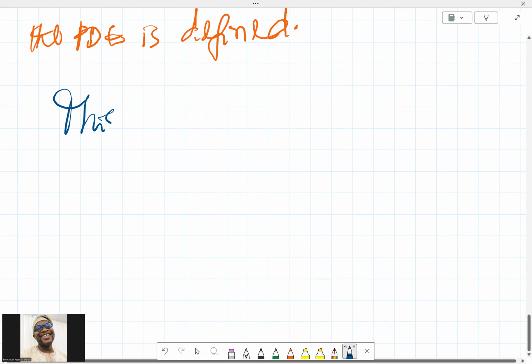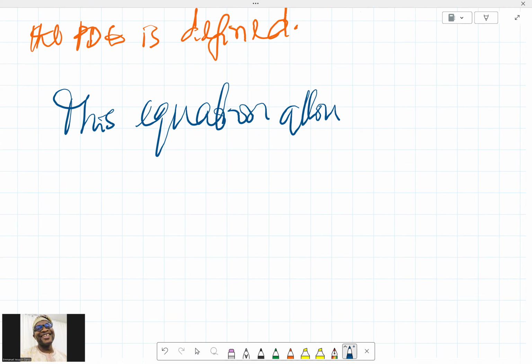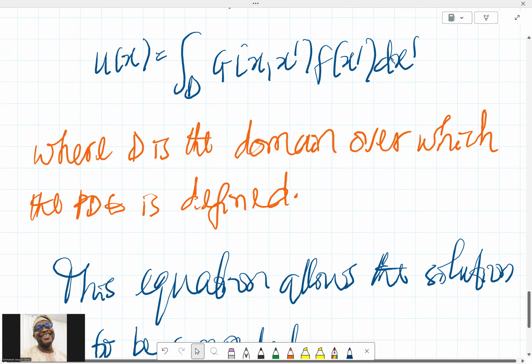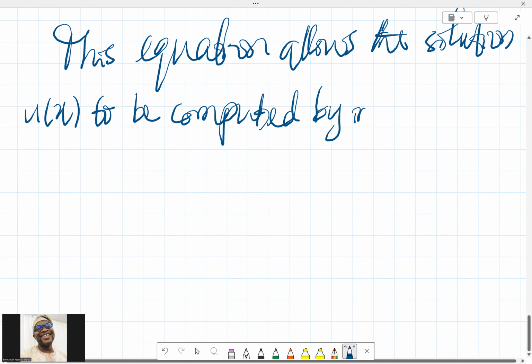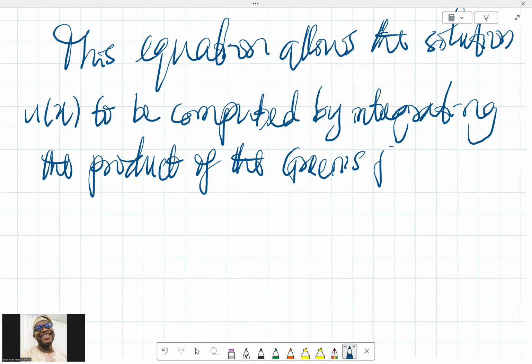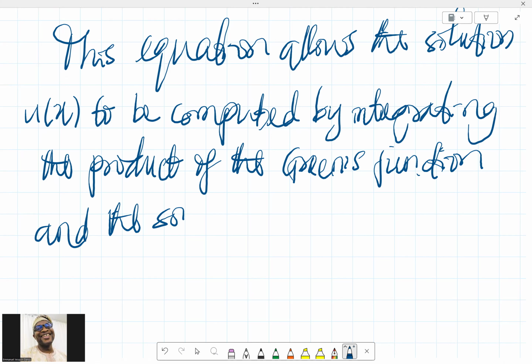This equation allows the solution u(x) to be computed by integrating the product of the Green's function and the source term over the domain.